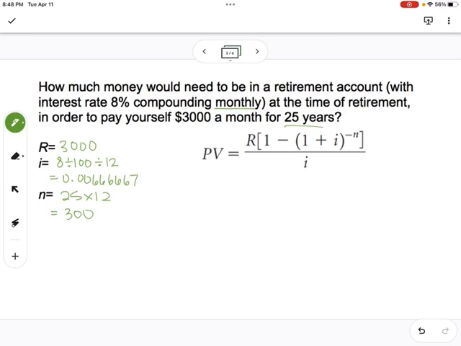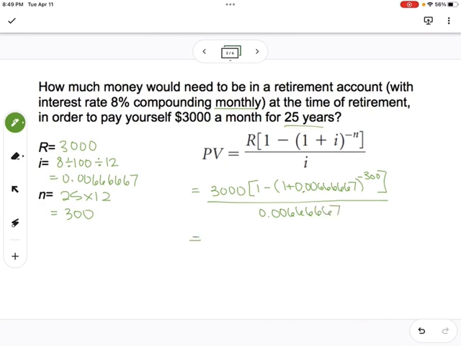Okay, so we're plugging all these values into our formula. So present value is equal to 3,000 times 1 minus 1 plus 0.00666667 to the negative 300, and that's over our interest, 0.00666667.